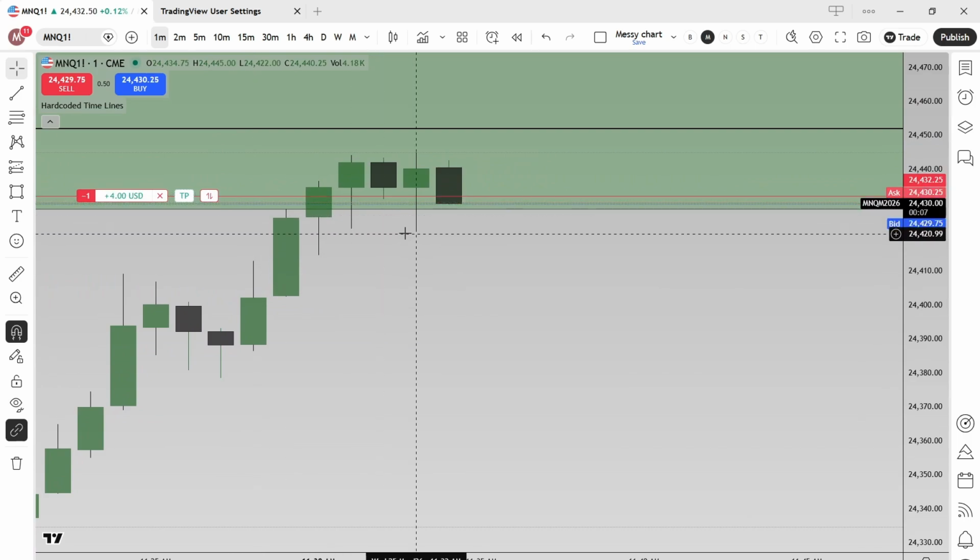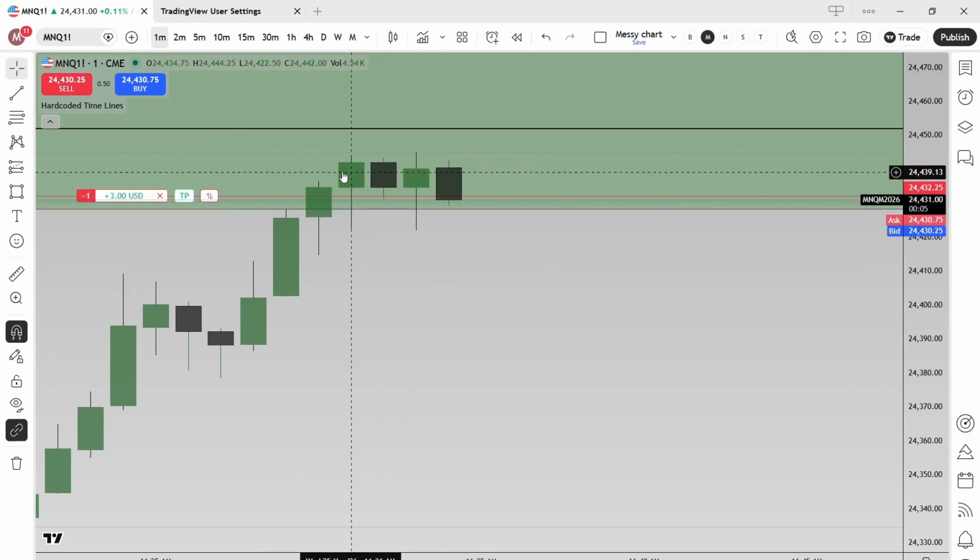After it closes below this swing low, I'll start adding here.